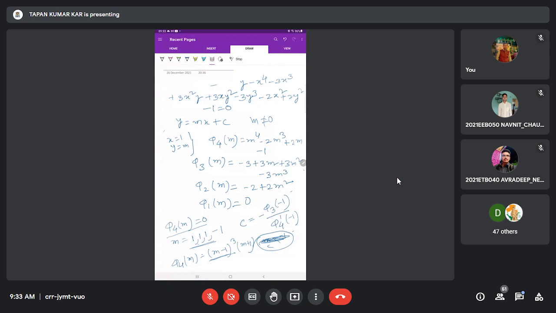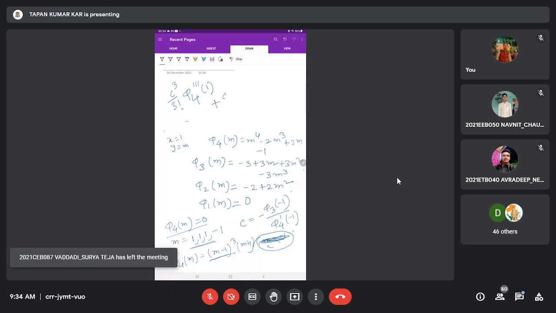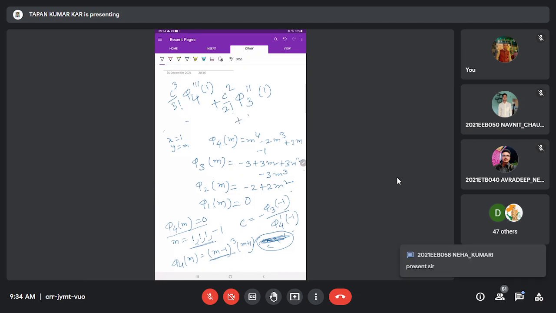The formula will be c cube by 3 factorial phi 4 triple dash 1 plus c square by 2 factorial phi 3 double dash 1 plus c phi 2 dash 1 plus phi 1 of 1, this equal to 0.